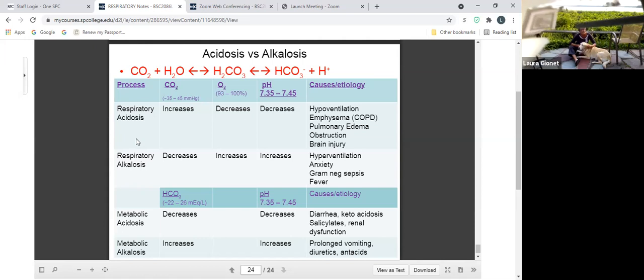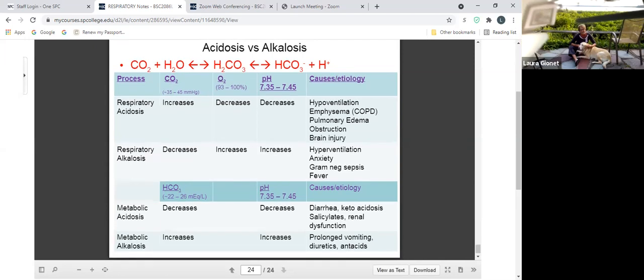Everything else, changes in hydrogen or bicarbonate ions, increasing or decreasing, is going to be ultimately modified and adjusted by the kidneys. So we call those metabolic acidosis and alkalosis.